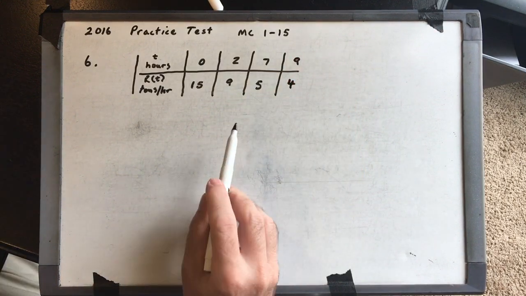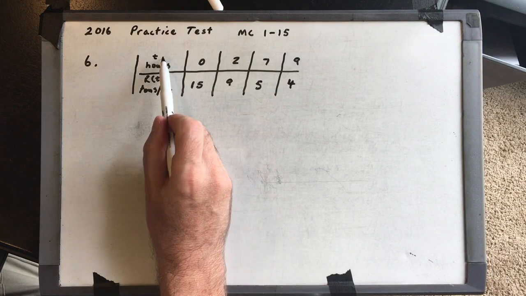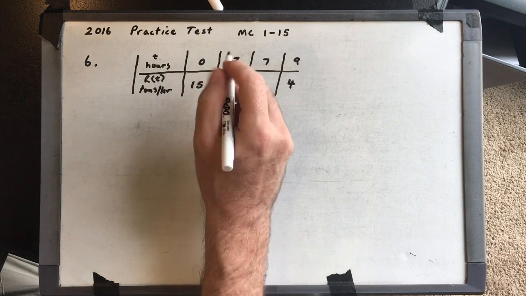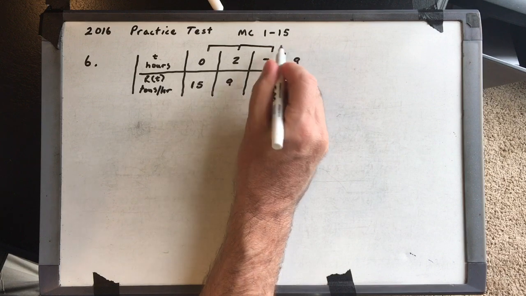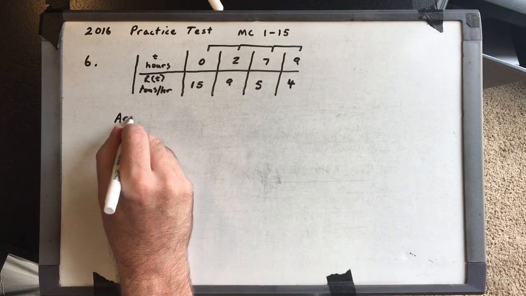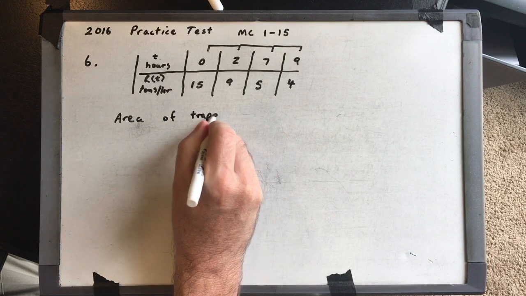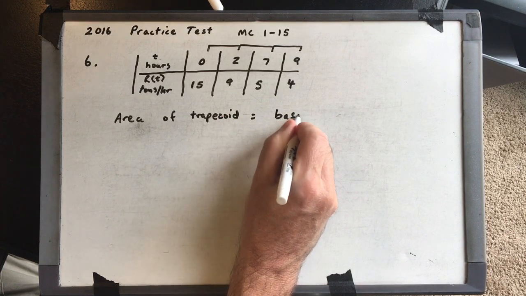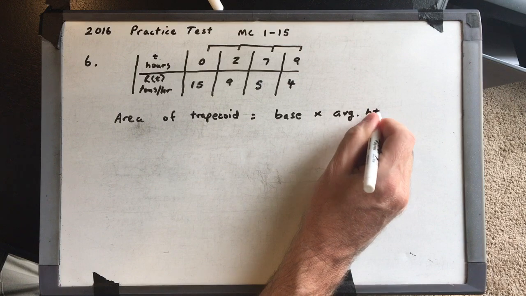With a trapezoidal sum, you can think of this as the base and this as the height. We only have 3 trapezoids to figure out. The area of a trapezoid is equal to the base times the average height.